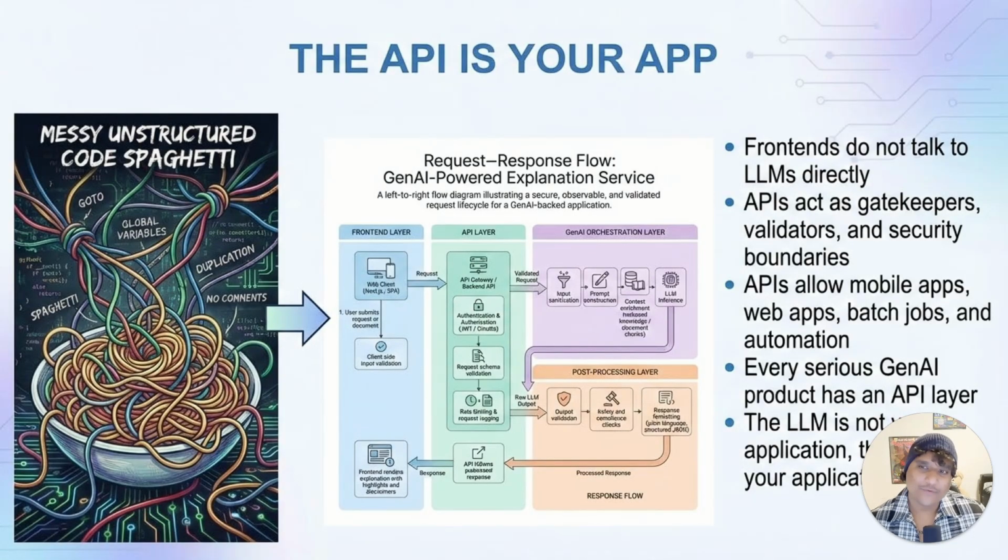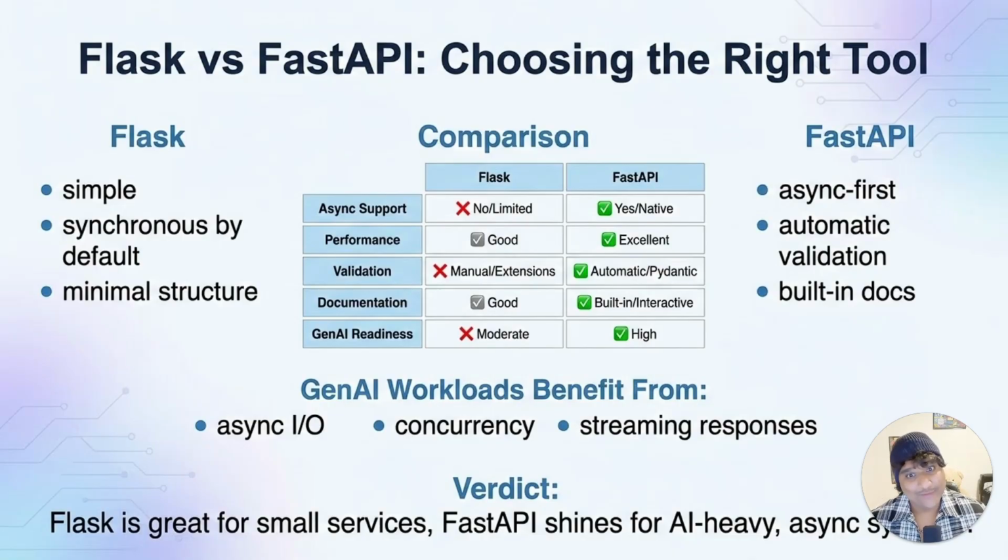I'm sure many of you have also heard about Flask. Now, I don't mean to dunk on Flask, but Flask is simple, it's flexible, and it's great for small services. But it's synchronous by default, and that becomes a problem with AI workloads. FastAPI is built differently. It's asynchronous first, uses Python type hints, and validates inputs automatically.